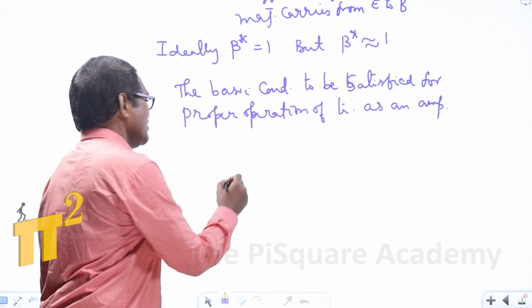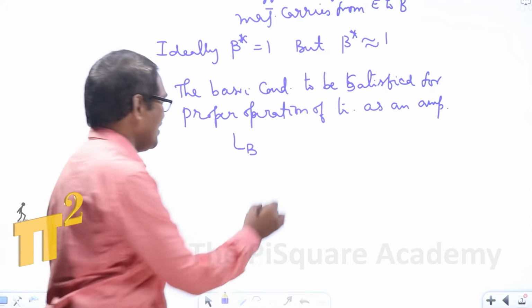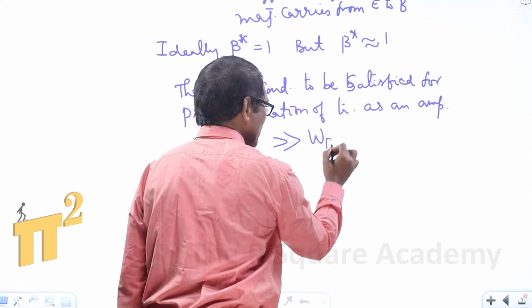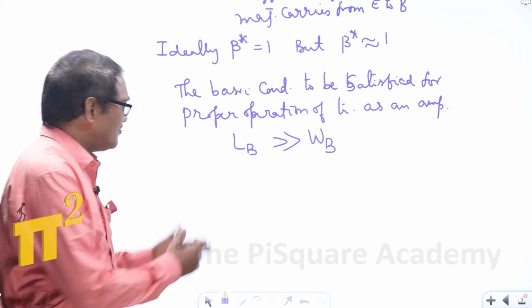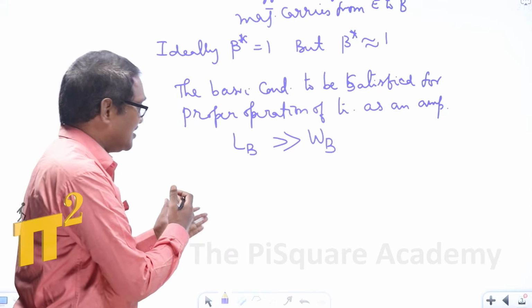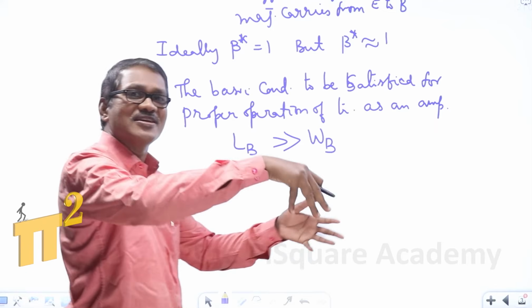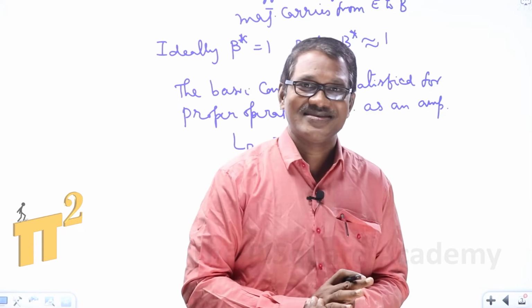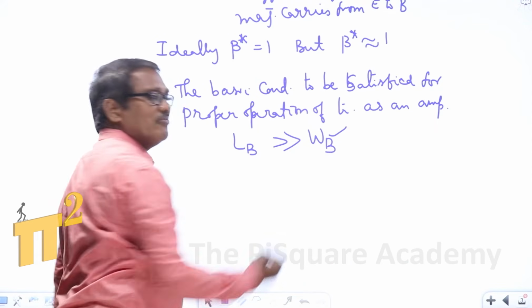What is the condition? The diffusion length of the charge carrier through the base region must be much larger than the width of the base region. Have you understood this, right? The diffusion length means the distance traveled by the charged particle before it participates in the recombination process and disappears, which must be greater than the width of the base region.